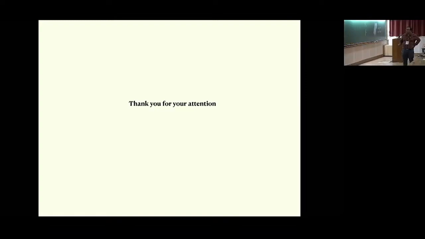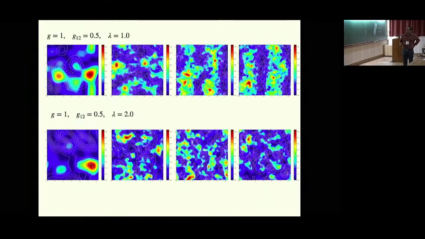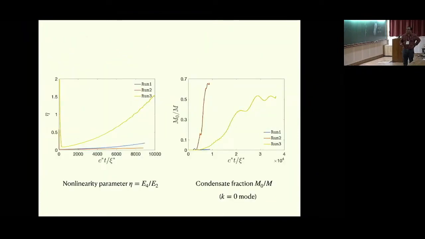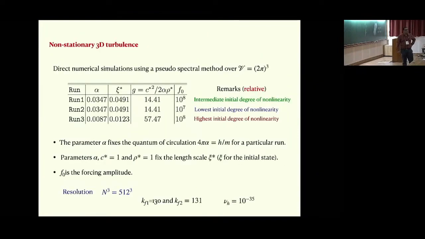So that was because the level of nonlinearity in the different runs was different, and that affected the eventual fate of the evolution. For this one, it could proceed from 4-wave to 3-wave. You could have a strong condensate and vortices.